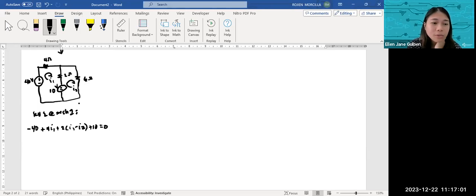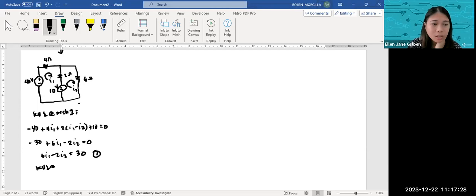We'll have 30, negative 30. We have plus 6I1 minus 2I2 equal to 0. So I1 minus 2I2 equal to 30. Okay, that's your equation 1.